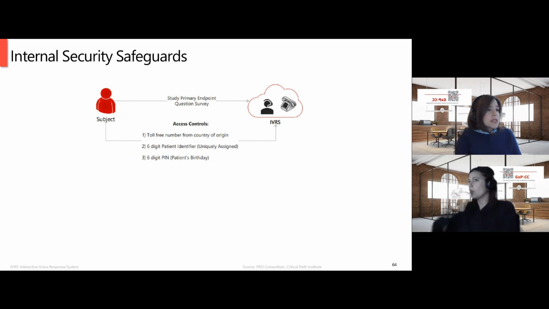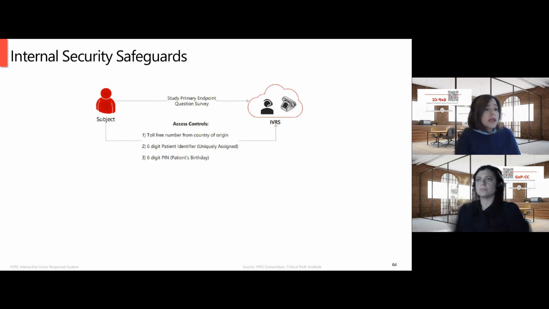So in this case, subjects were directly answering questions via phone on this interactive voice response system, and these data were contributing to the collection of the primary endpoint of the trial. What are the access controls now for the subjects to contribute to this questionnaire? First of all, they were all using a toll-free number, which was specific for the country of origin.